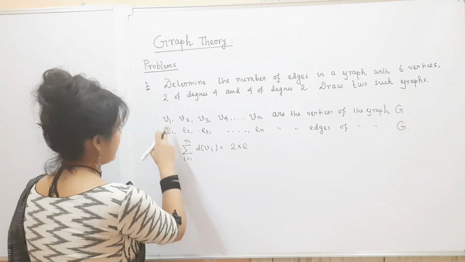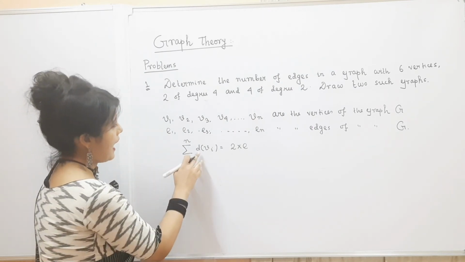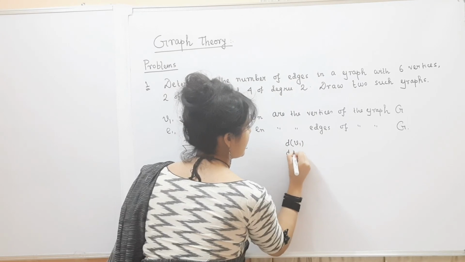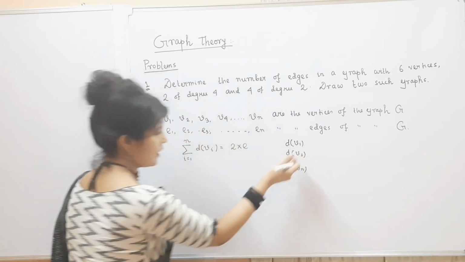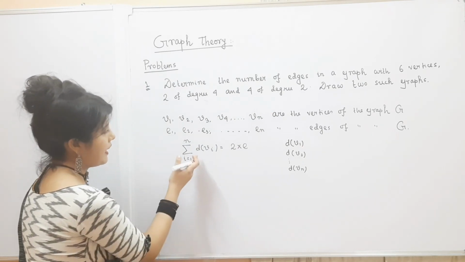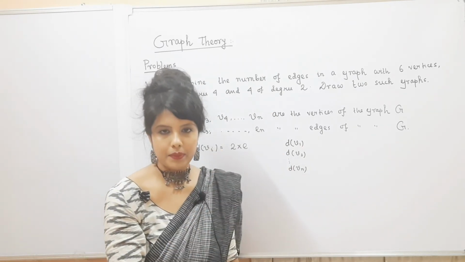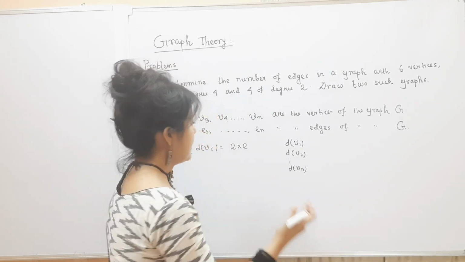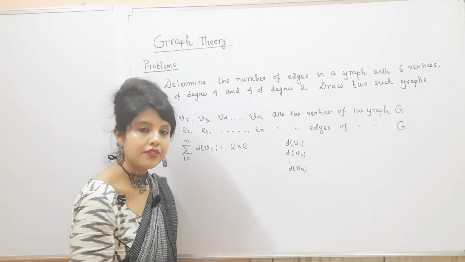So V1, V2, V3 up to Vn are the vertices of the graph G, and these vertices have degrees, degree of V1, degree of V2, up to degree of Vn. Then degree of V1 plus degree of V2 plus degree of V3 plus up to degree of Vn is equal to 2 into E, where E is the number of edges of the graph.